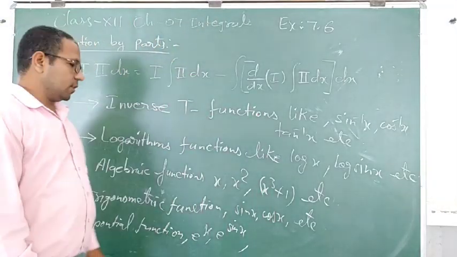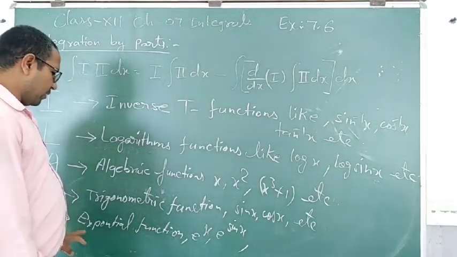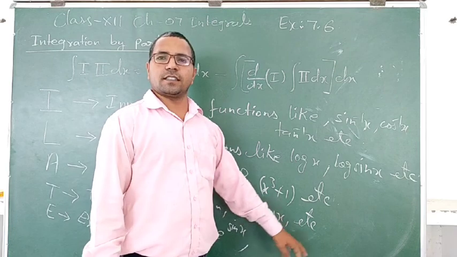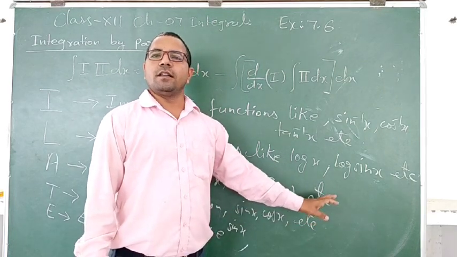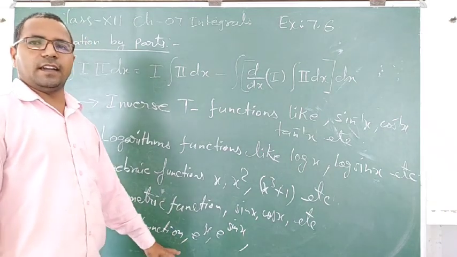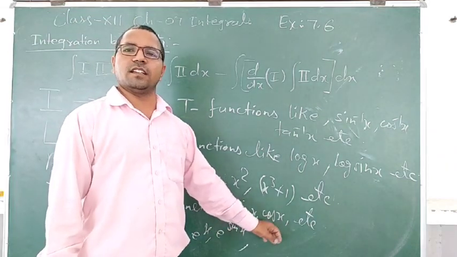So students, exponential functions are e to the power x, e to the power sin x, e to the power cos x, e to the power x square. So these are the exponential functions as we are getting here. E to the power x also comes in the exponential form.